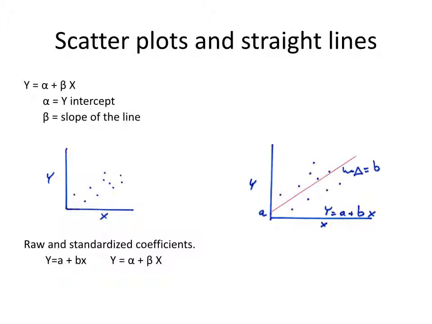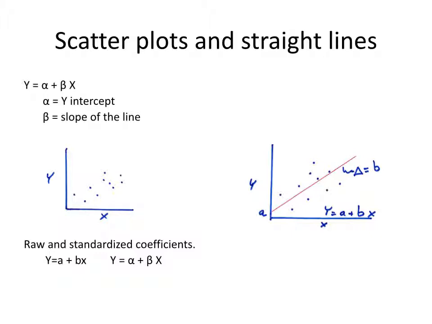Now we use the English letters A and B when we're talking about raw coefficients, and the Greek letters alpha and beta are the standardized coefficients. These coefficients have different values, but they express exactly the same relationships.